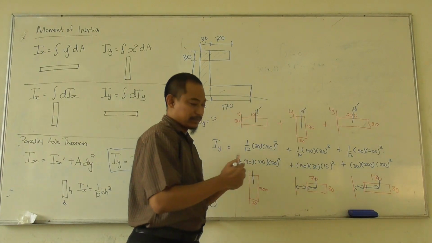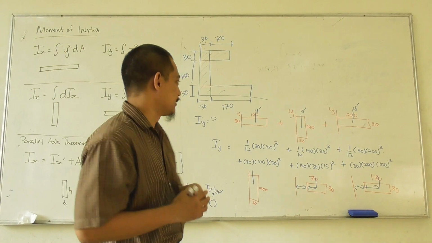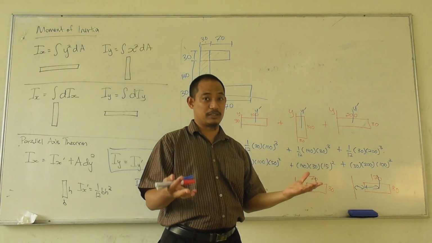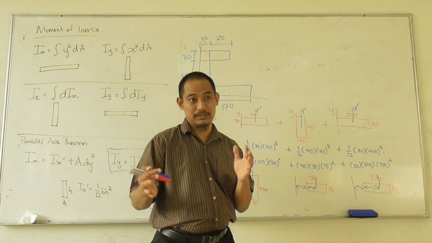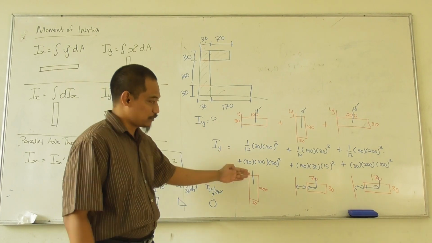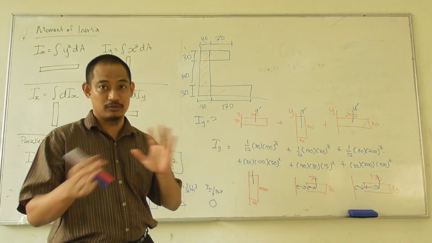Personally I would like to avoid mistakes, so I tend to divide in a shape where everything is attached to the y-axis, so it's easier for calculation. Sometimes the question doesn't allow for that, but in this case it does. If I try those, the answer should be the same. If it's different, then something is wrong with one of the calculations.